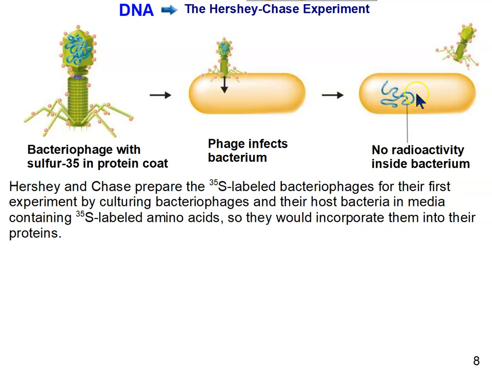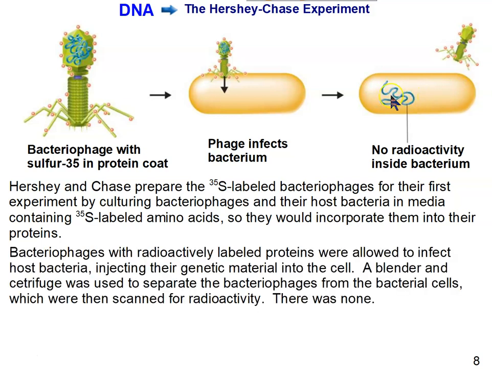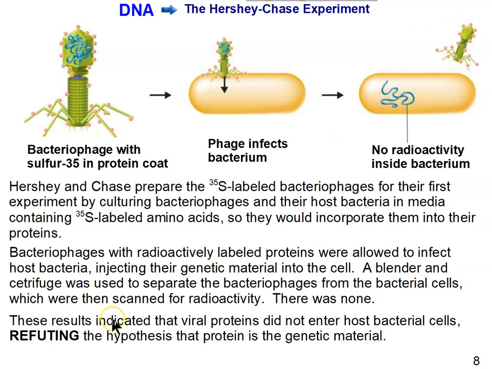If there was, that would suggest that the genetic material was protein, because the only thing tagged with radioactivity was protein. But they didn't find any radioactivity inside the cell. All the radioactivity was outside the cell. So that refuted the hypothesis that protein is the genetic material.